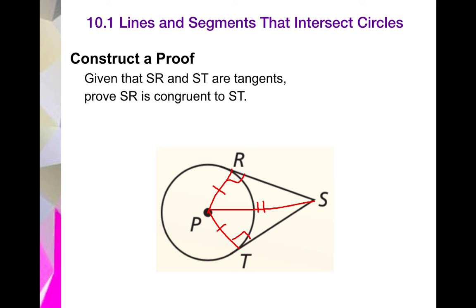So then I have a right triangle and a right triangle, and I can use HL to say that the two triangles are congruent because the hypotenuse and one of the legs of each one of these right triangles is congruent. Therefore, these two triangles are congruent. And if they're congruent, then all of their parts are congruent. Therefore, ST and SR have to be congruent. So we just proved how those can be congruent.